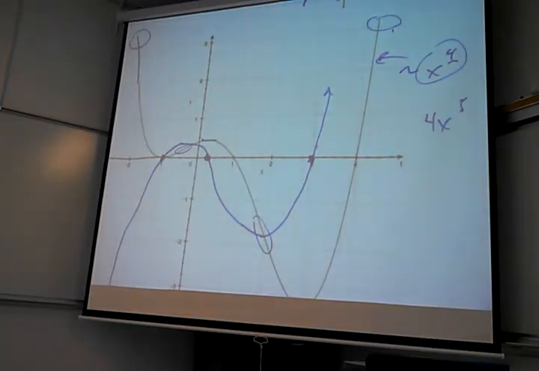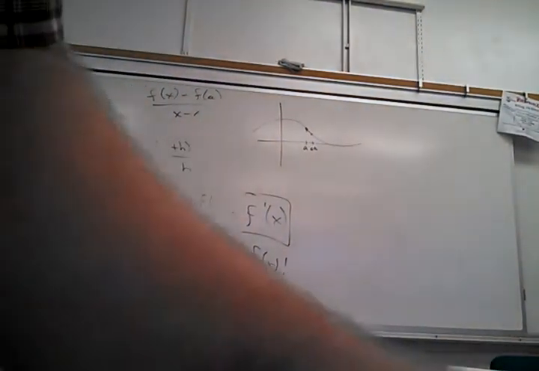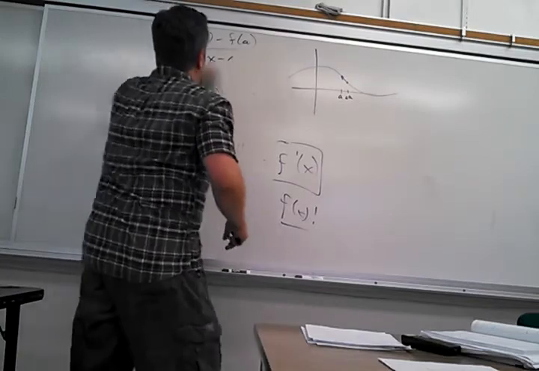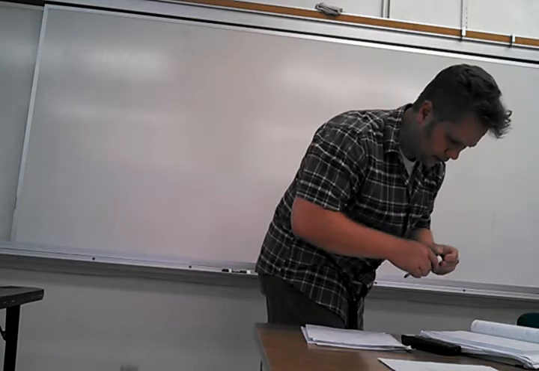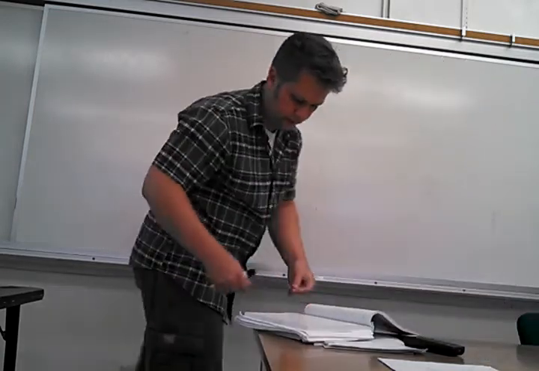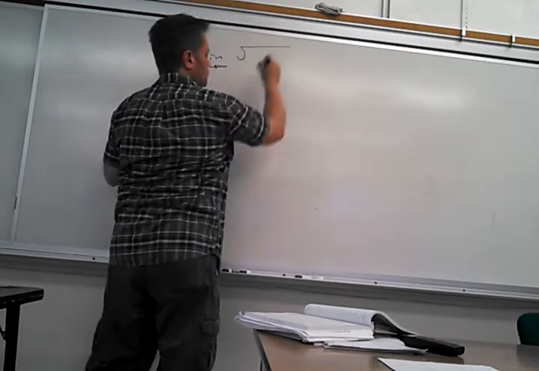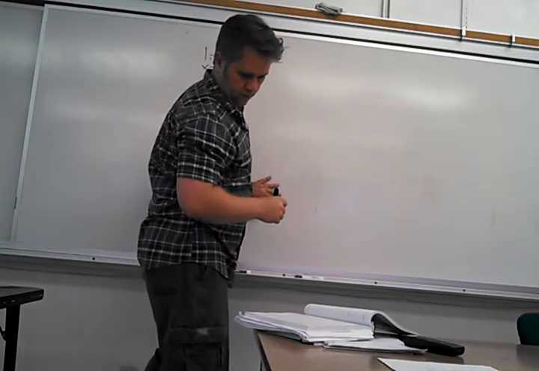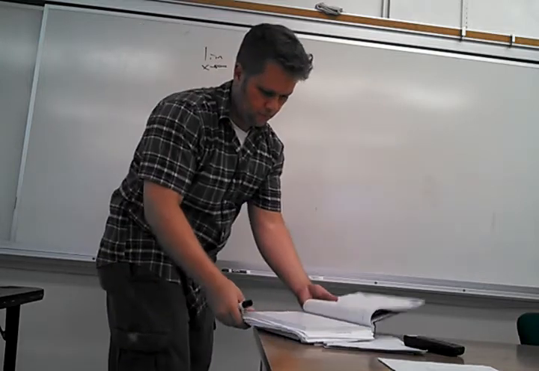Okay, so number 24 says the limit as x goes to negative infinity of the square root of 9x to the 6th, over x cubed plus 1.